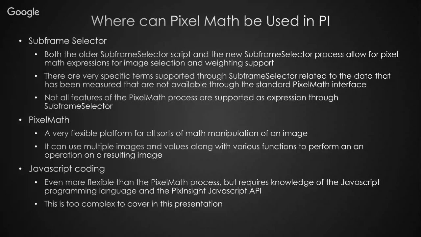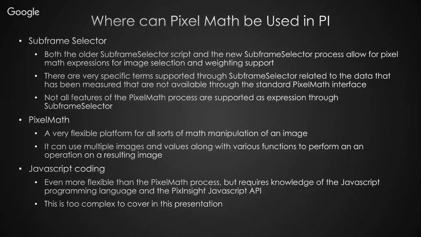They're very specific terms supported through subframe selector related to the data that has been measured that aren't necessarily available through the standard pixel math interface. So there are some things available through subframe selector and some things available in the pixel math engine, but not necessarily all of them cross on either side.